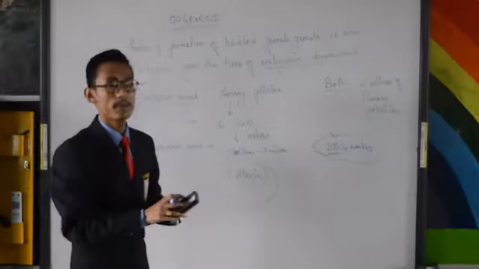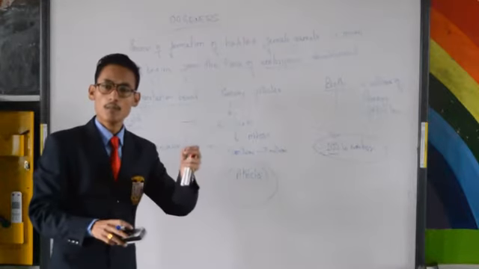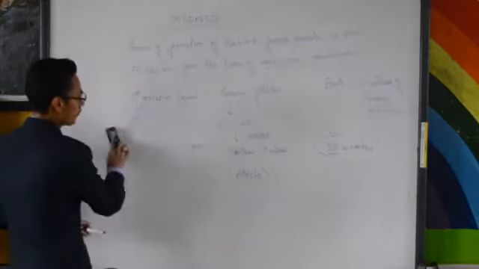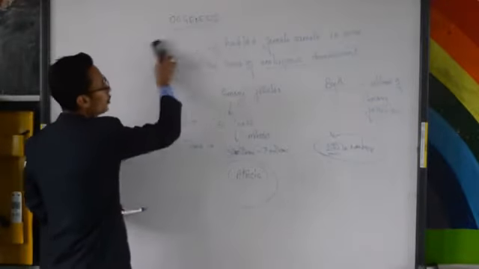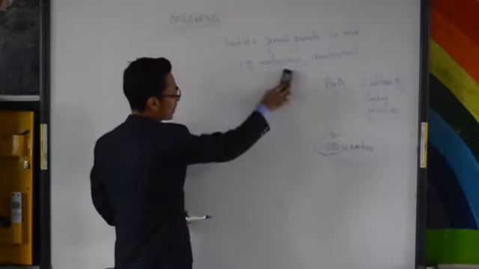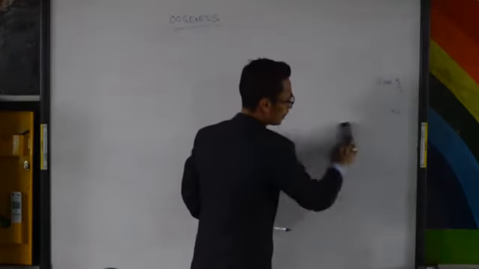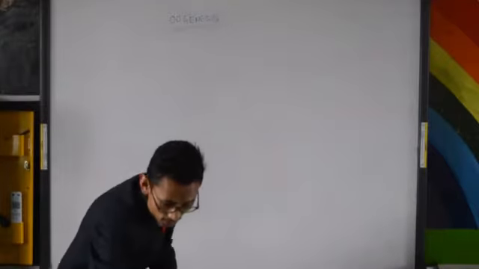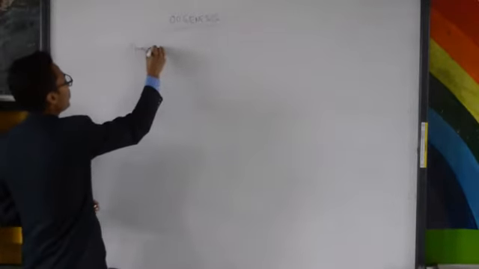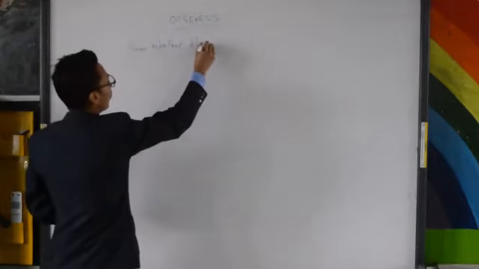Like in case of spermatogenesis, there were 3 major phases: multiplication phase, growth phase, and maturation phase. Similarly in oogenesis, which begins from the time of embryonic development, we will find three important phases.